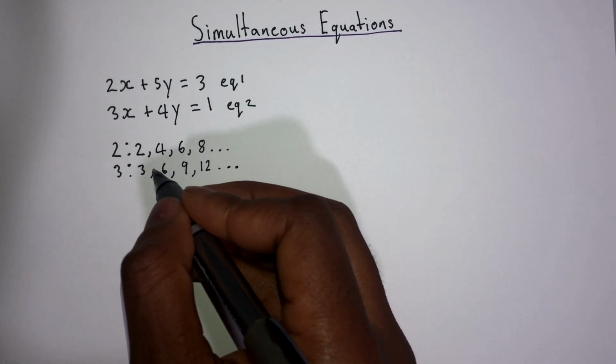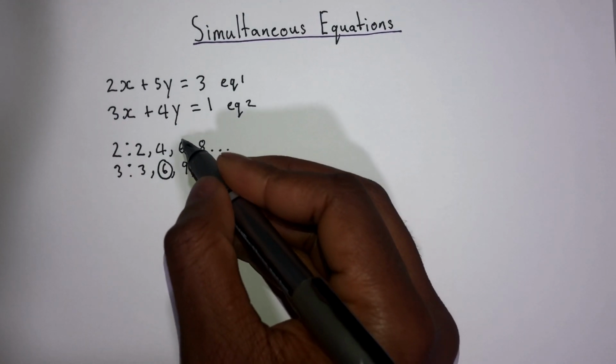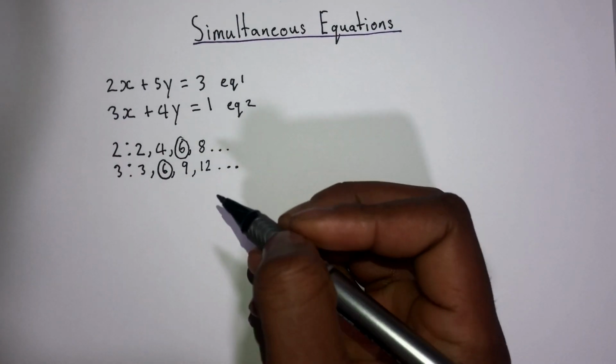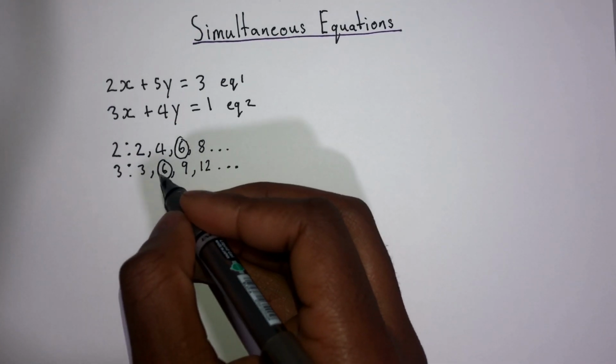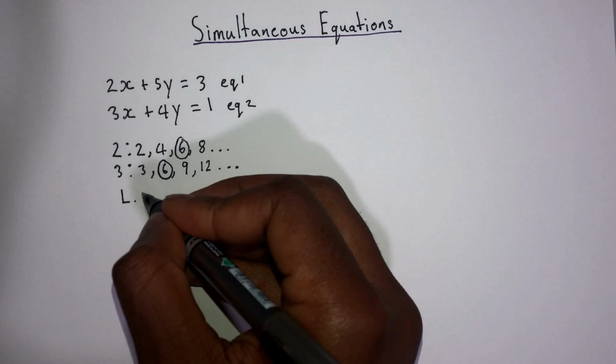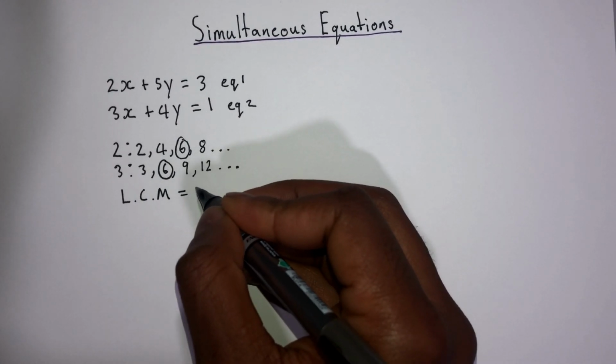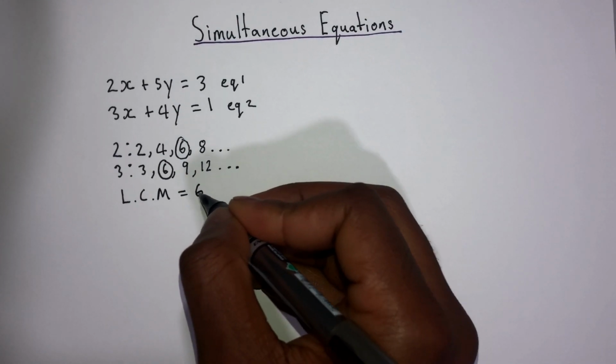Upon doing this, we can see that 6 is the least common multiple of 2 and 3. So the LCM equals 6.